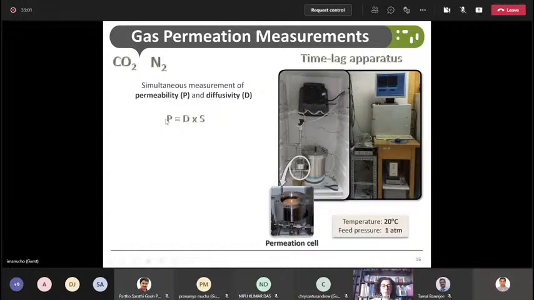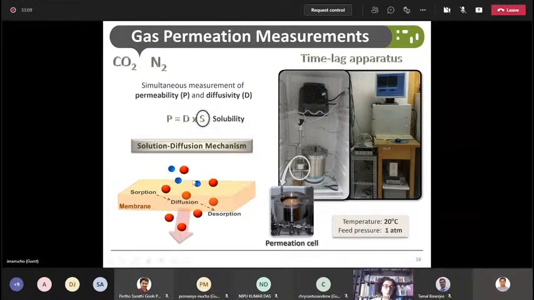We are going to measure permeability and diffusivity, and we are going to take solubility. So we assume that the solution-diffusion mechanism applies. What is this? It means that the gas first dissolves into the membrane, then diffuses along the membrane, and then desorbs on the other side.